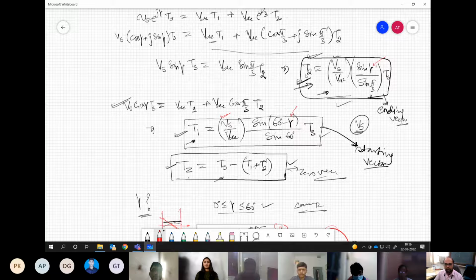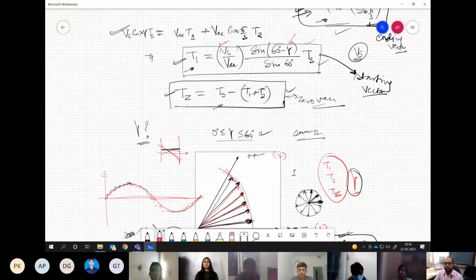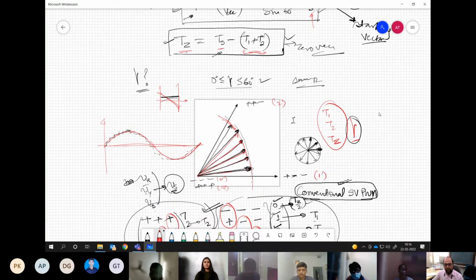For maintaining a fixed switching frequency or a fixed sampling frequency, we need to have a fixed TS. That means TZ is basically the difference of TS and the sum of the active vector dwell times. So this is what we have done.